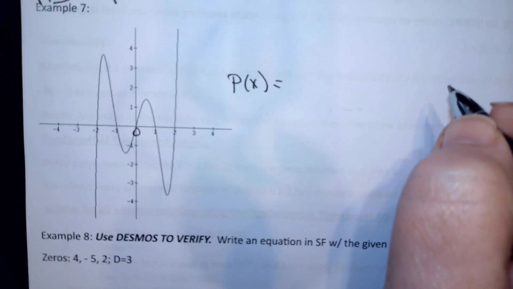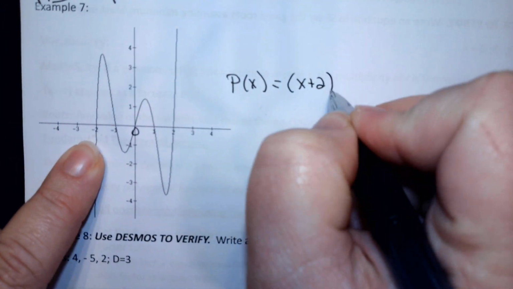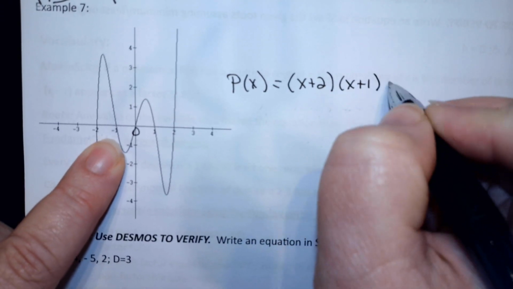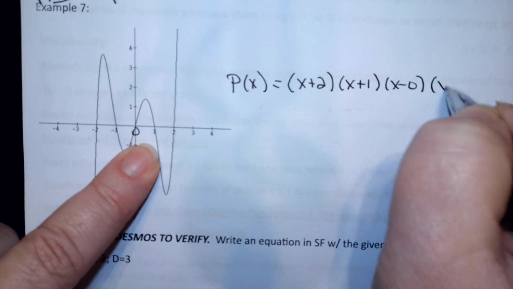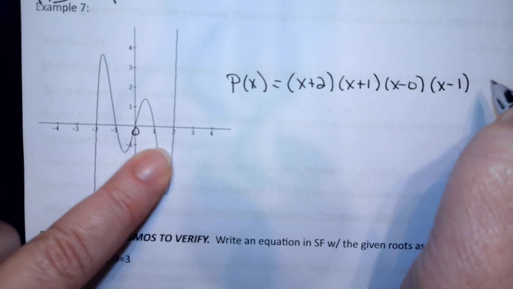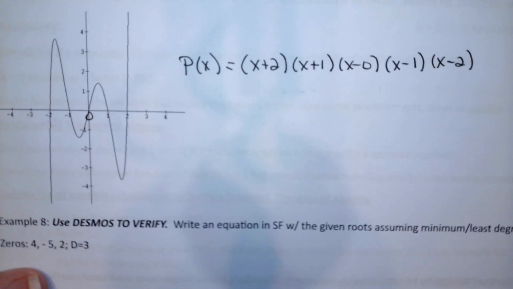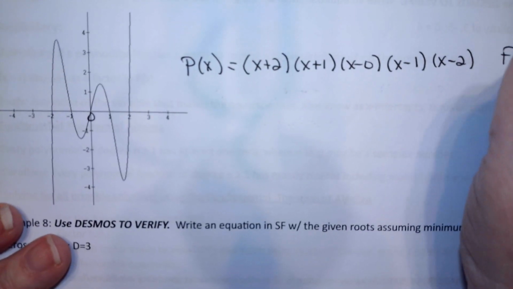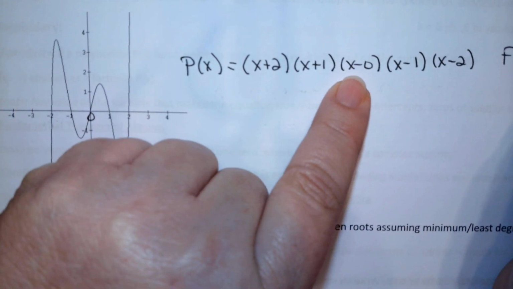Alright, let's go from left to right. So we had a negative 2 first, so that's going to be x plus 2 times x plus 1 times x minus 0 times x minus 1 times x minus 2. Alright, so that's factor form. But as we said in an earlier problem, we usually don't see x minus 0.